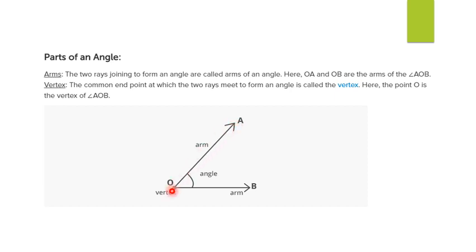So here, OA is the name of this arm and OB is the name of the other arm. The vertex, like I said, is the common end point at which these two lines meet to form an angle, and it is known as a vertex. Right.